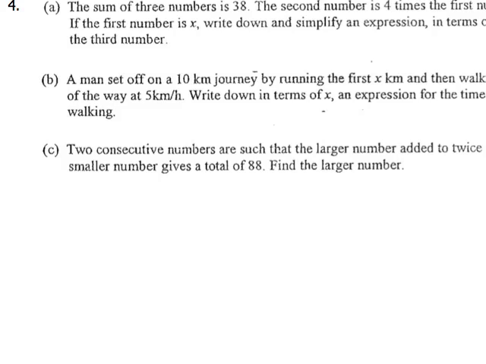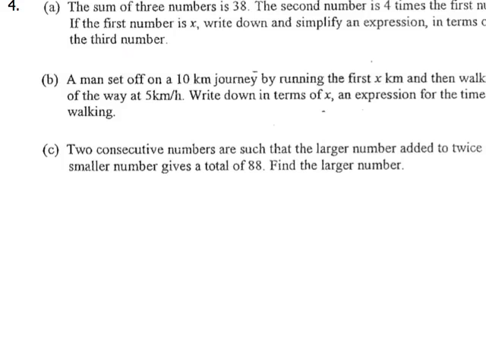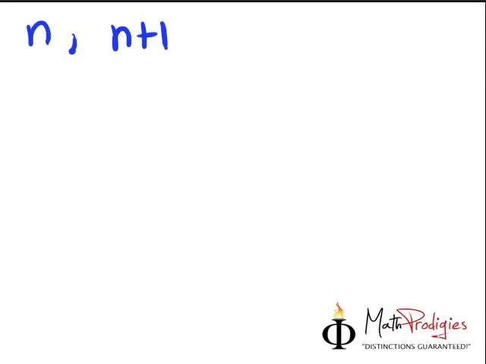Two consecutive numbers, so I'm immediately going to put in n and n plus 1. It says the larger number added to twice the small number. So slow down. The larger number is n plus 1, added to twice the small number.